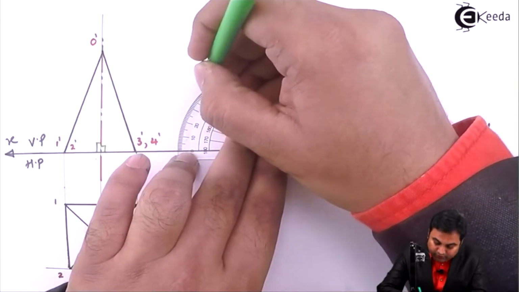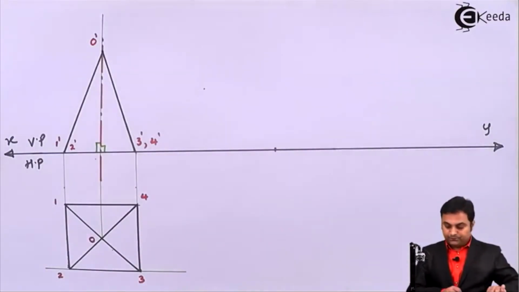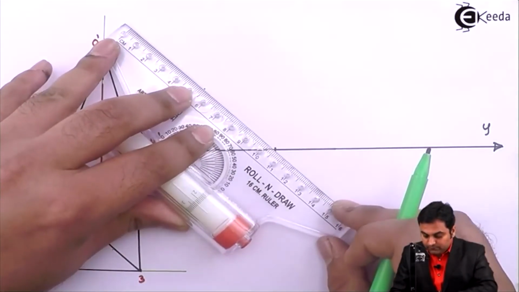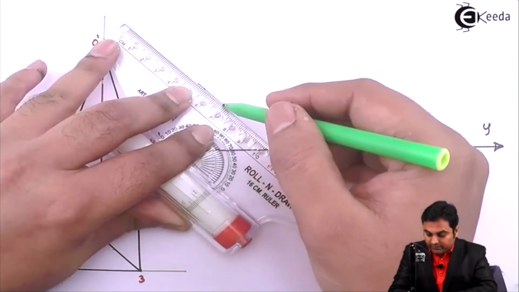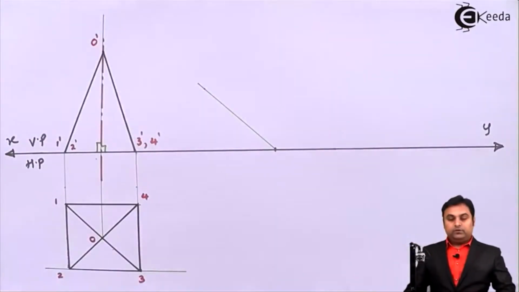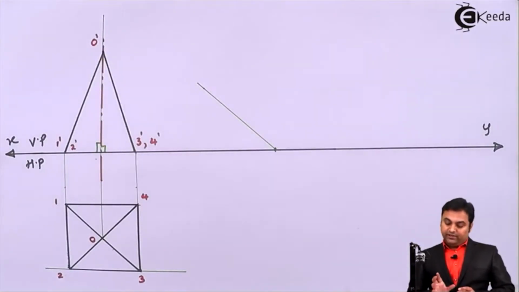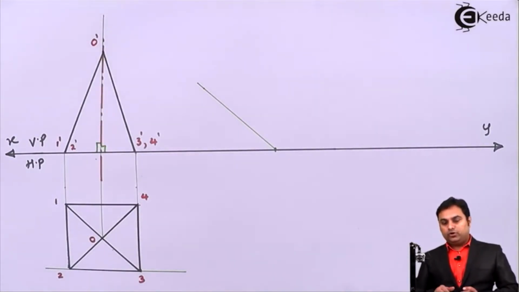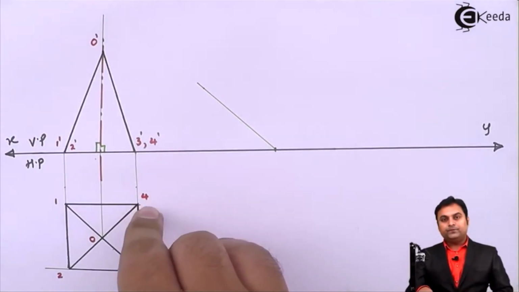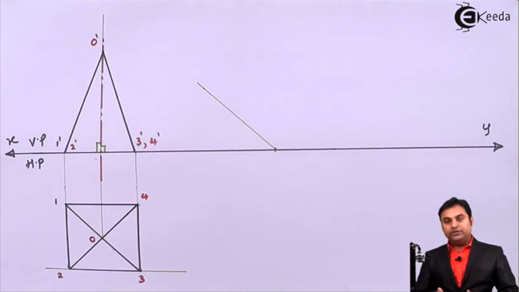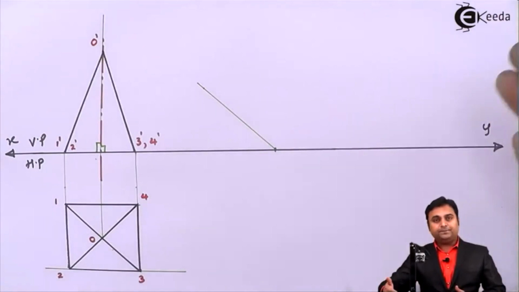So taking an angle of 45 degree, drawing a light line. Now here what I am doing is tilting the square pyramid about the edge 3 4. So when it is tilted about the edge, I have to draw that pyramid.